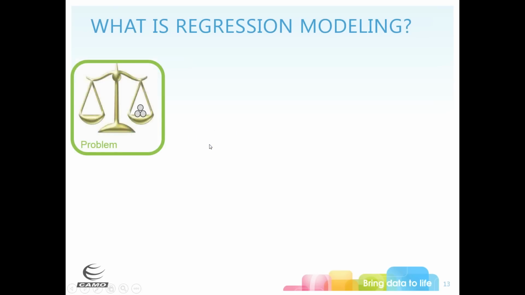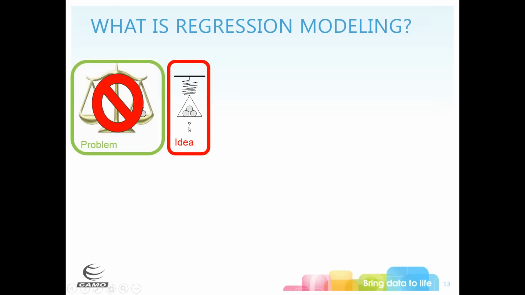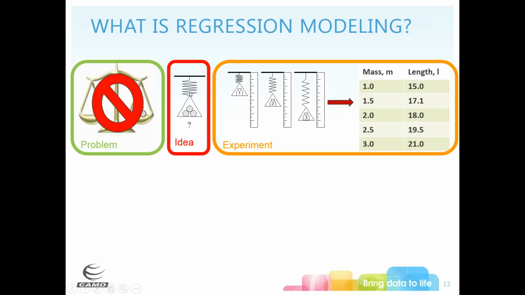So what is regression modeling? So you have a problem here. We have some samples that we need to know their weight, but we don't happen to have a scale. So you might have this idea that we know that weight can be related to a spring.